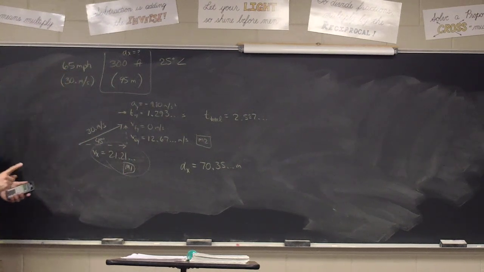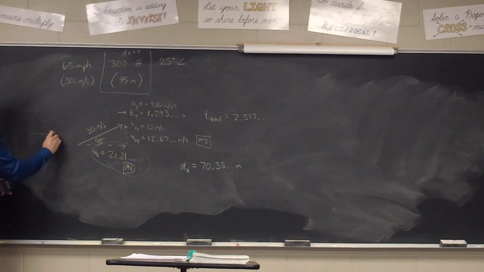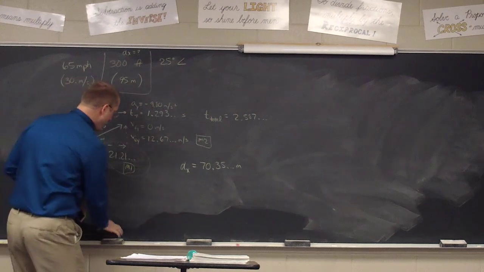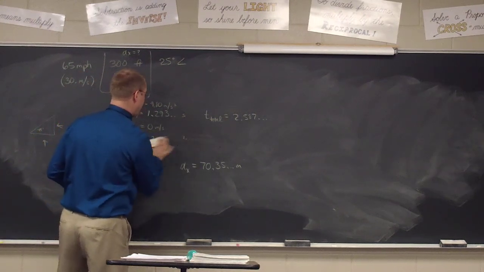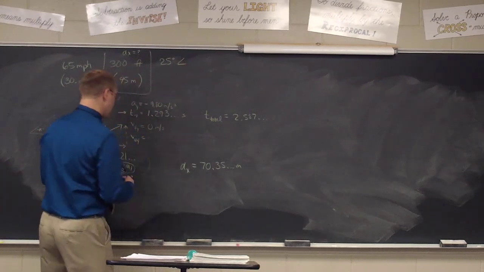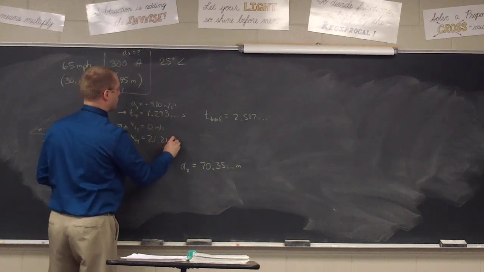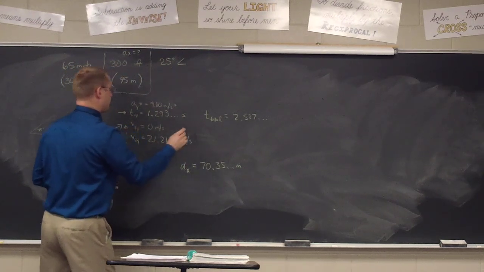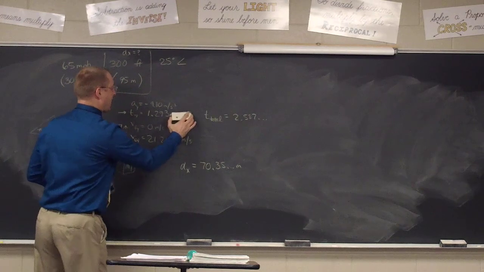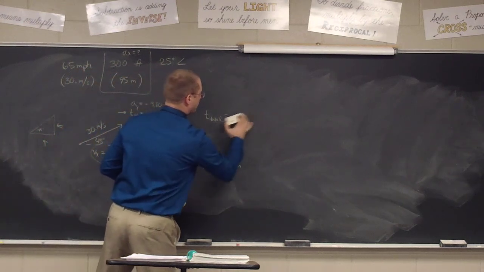By the way, if it's a 45, what's the velocity in the y going to be? Same thing, right? 45, 45, 90. These are going to be equal to each other, aren't they? So I already know, I don't need to waste a second memory on this. I know the initial velocity of the y is also 21.21 ... meters per second. All I need to do is change the time up and the total time.